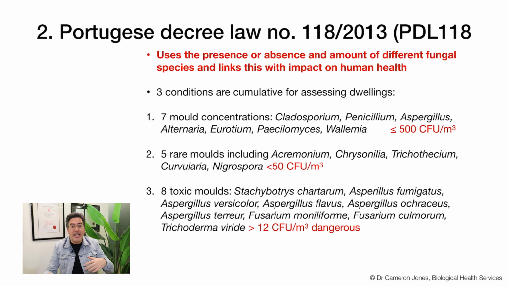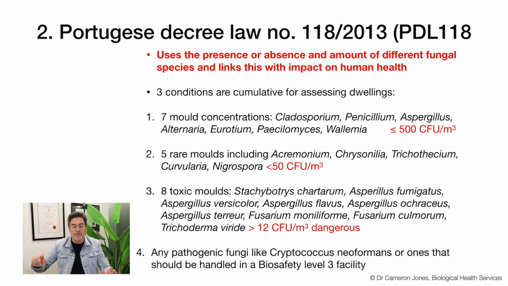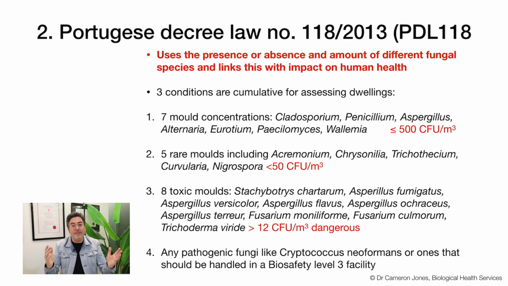These take into consideration Stachybotrys, the infamous black mold, Aspergillus fumigatus, Fusarium, Aspergillus terreus, Trichoderma. These are the molds that you really don't want to see. And that's how the Portuguese define adverse conditions for habitability. And again, if you ever see any pathogenic microorganisms, which do happen, I often see this, and we immediately autoclave these petri plates.